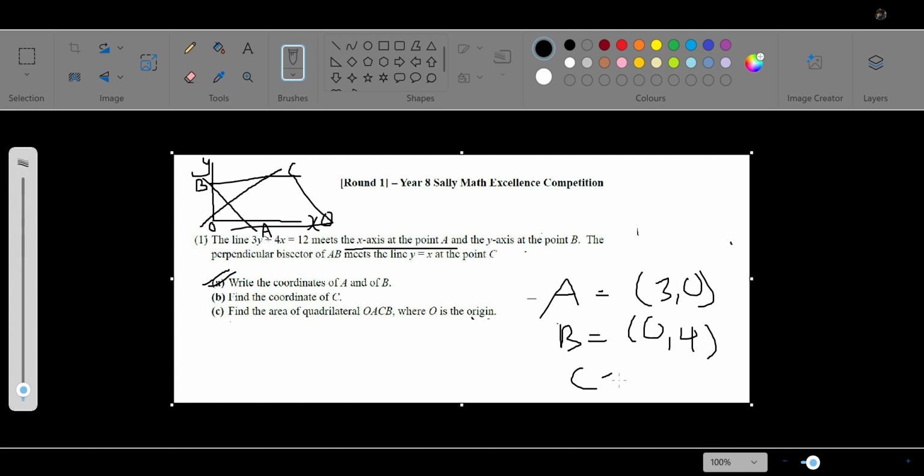The coordinate of C would be 7 over 2 and 7 over 2 here. And the area of quadrilateral OACB, where O is the origin, would be 49 over 4 units. That's it.